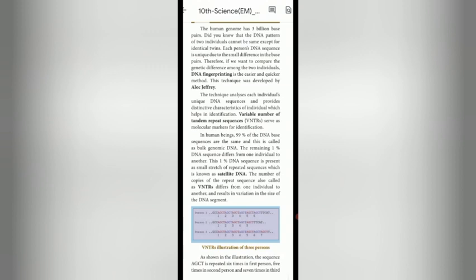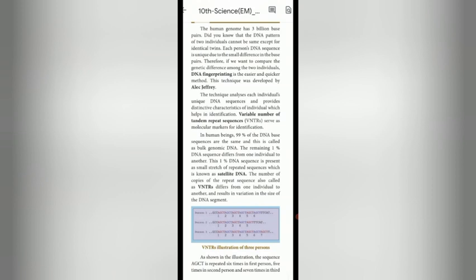These are the nitrogenous base pairs present in the DNA sequences, showing variation in the 3 different persons. These variations are identified by the method called VNTR, that means variable number tandem repeat sequences.